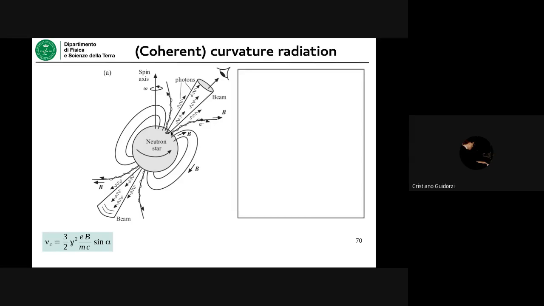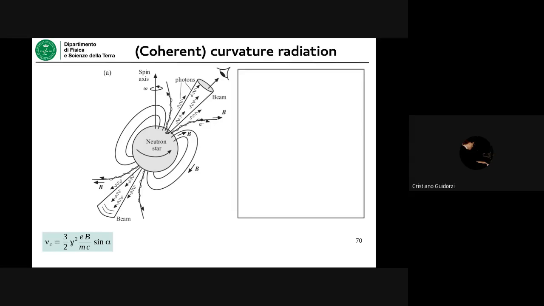But you know very well that a curved trajectory means acceleration. In particular, you know that the acceleration is always perpendicular to the trajectory at any point, and it is the velocity squared over the curvature radius. You know this from your very basic studies.